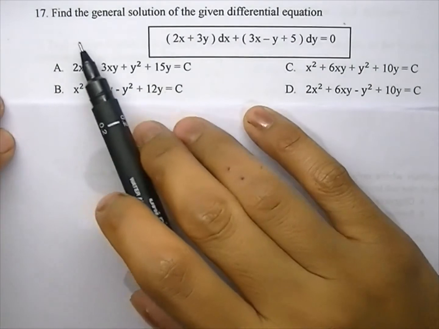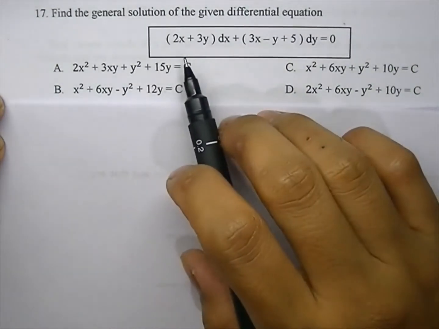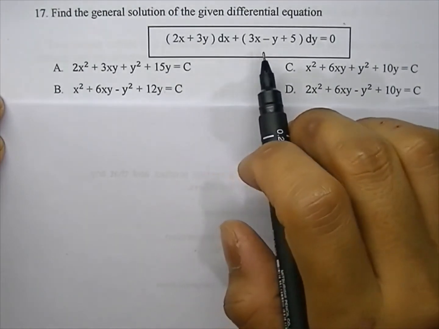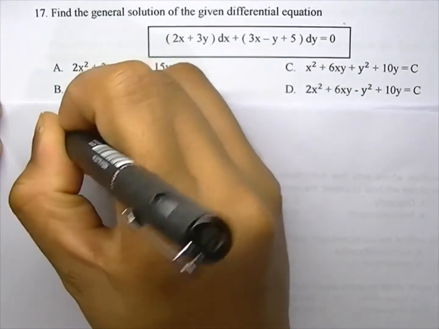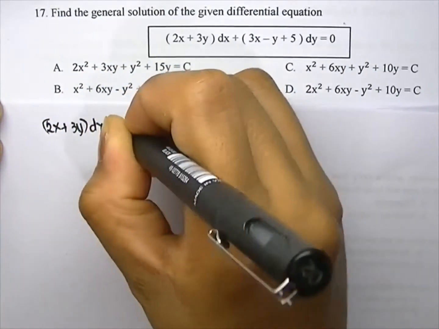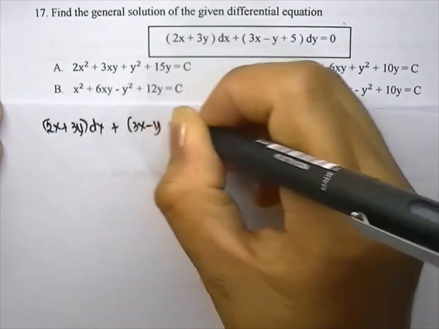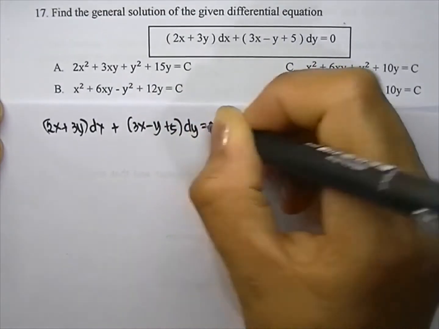Number 17, find the general solution of the given differential equation: (2x + 3y) dx + (3x − y + 5) dy = 0.